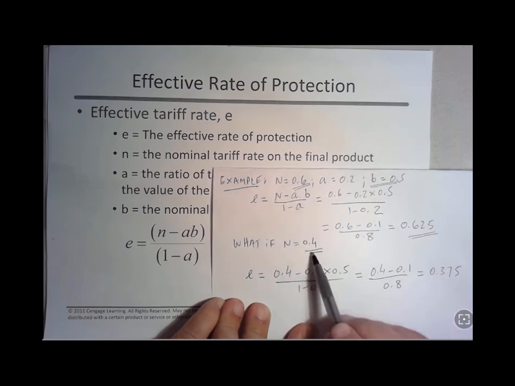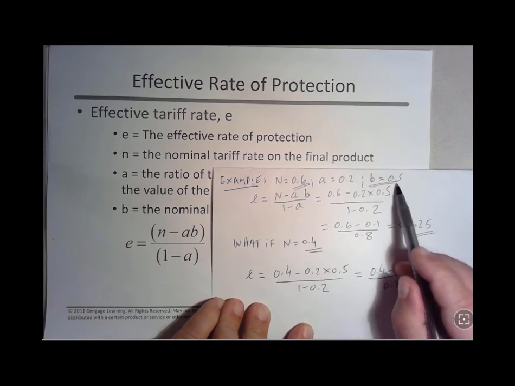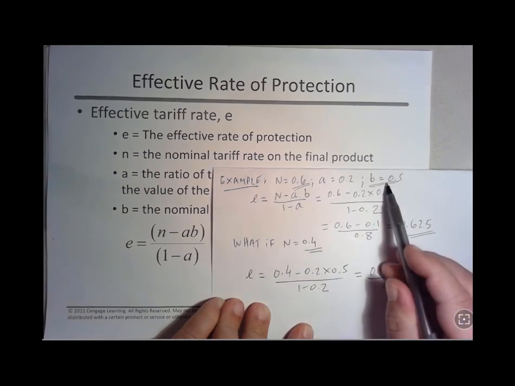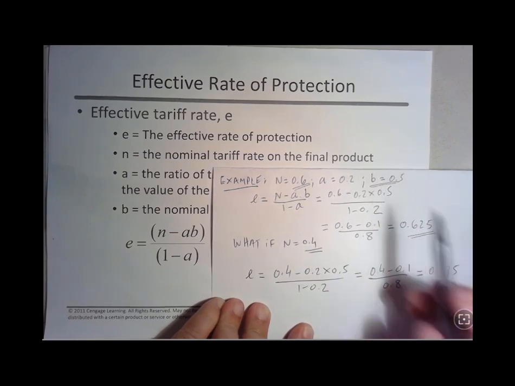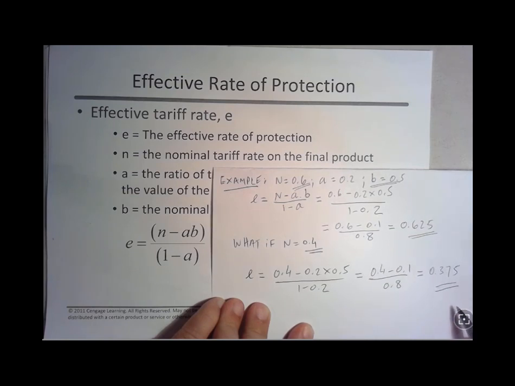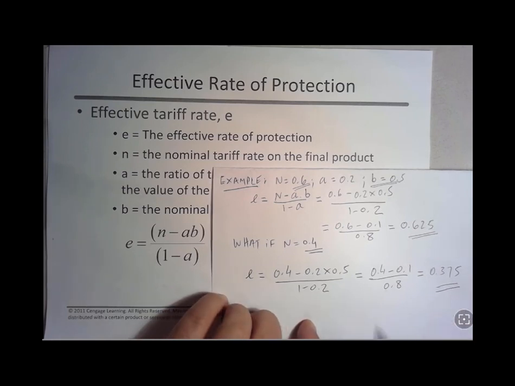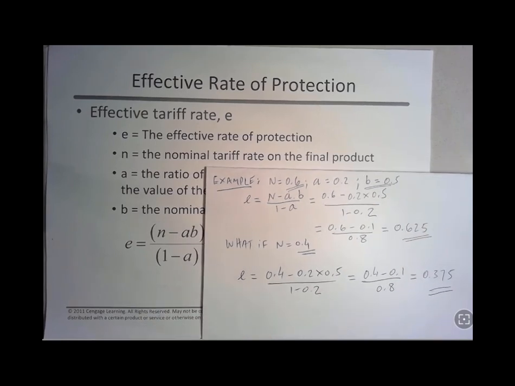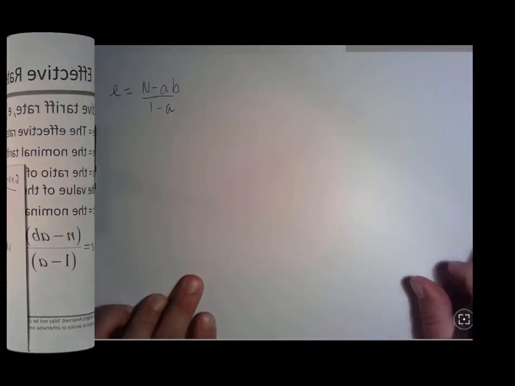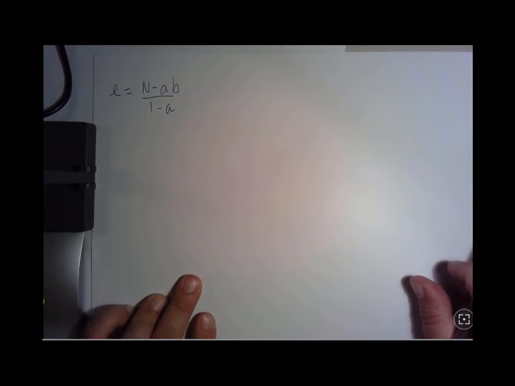If the tariff on the final product is lower than the one applied to the intermediate input, then the effective degree of protectionism is going to be lower than the tariff on the final product. This is what I explained in the following slides, so read them. Now let's use this formula to make additional insights.